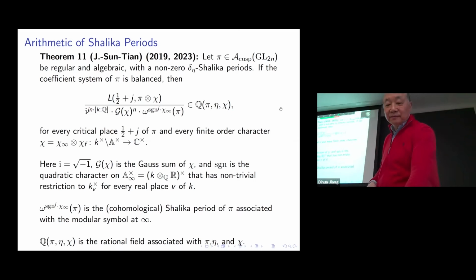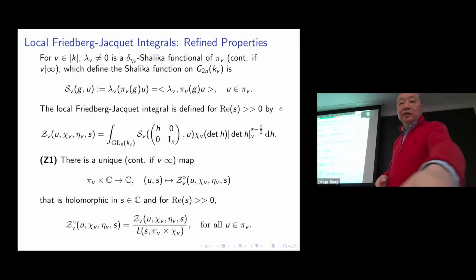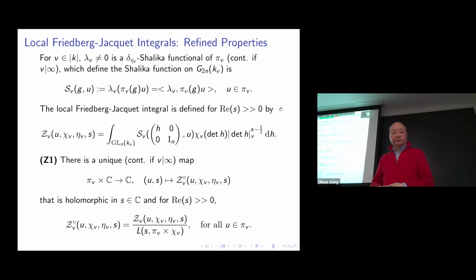Okay, and now I try to explain a little bit more about what this theorem is about. We go back to the Friedberg-Jacquet local integrals. So you have this local version of Shalika functionals, and then you define the Shalika function.